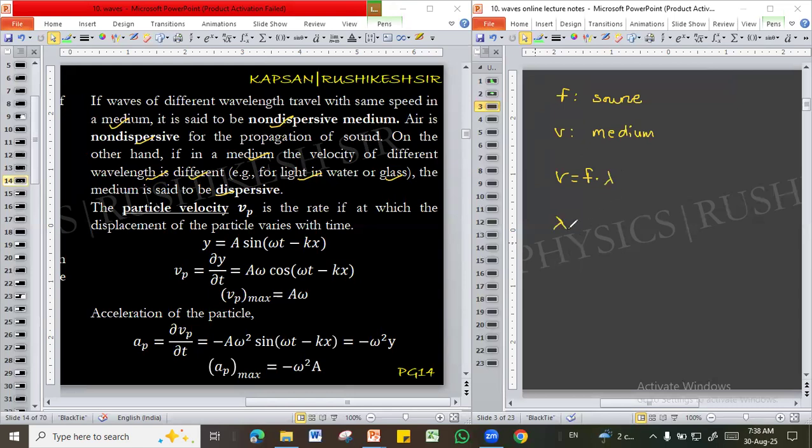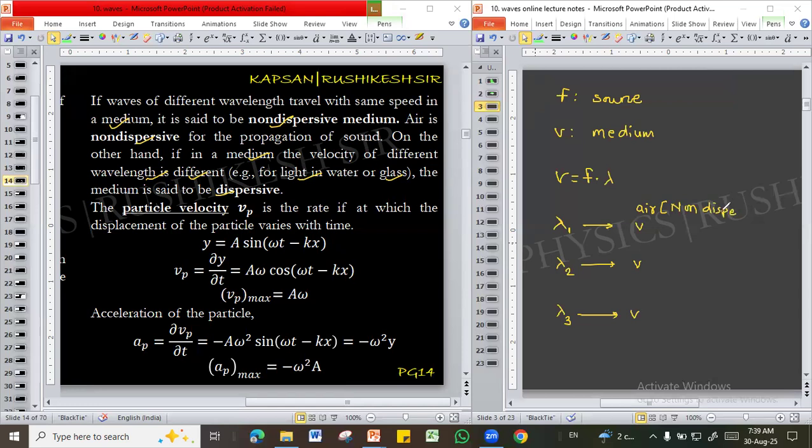Let's say we have a wave having wavelength equal to lambda 1, a wave having wavelength lambda 2, and a wave having wavelength lambda 3. For the wave having wavelength lambda 1, let's say the medium is air, the speed is v. For the second wave also speed is v. For the third wave also speed is v. In that case, the medium is said to be non-dispersive.